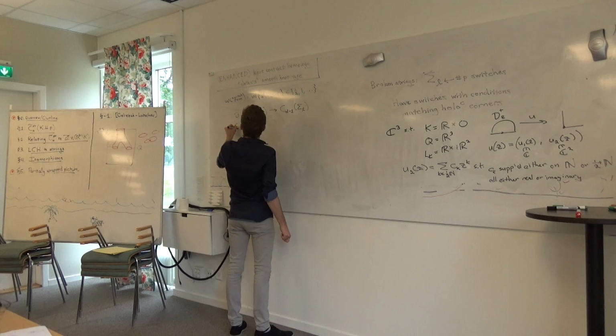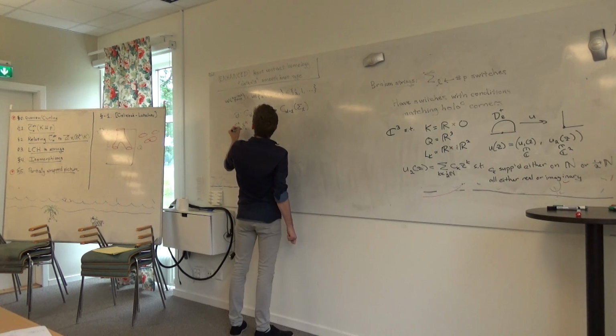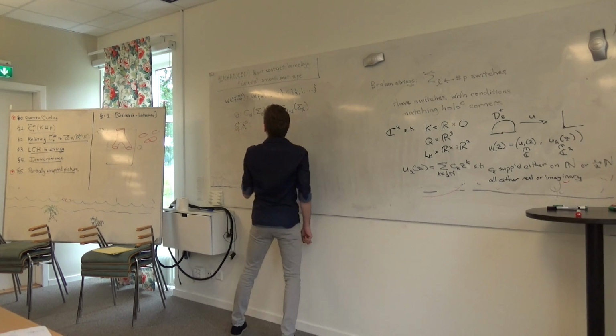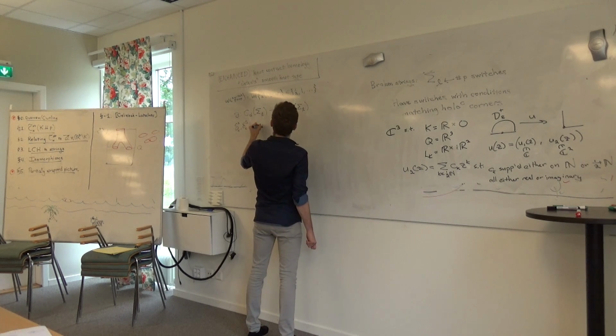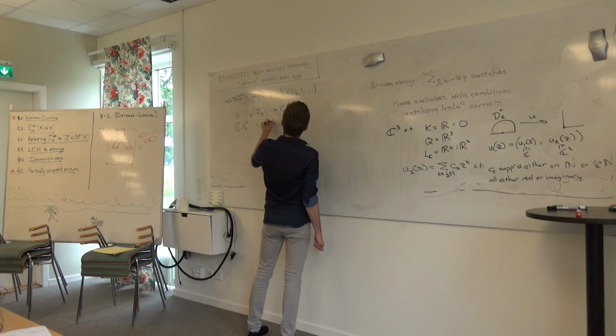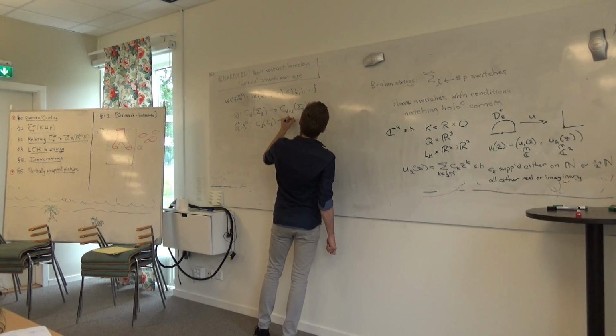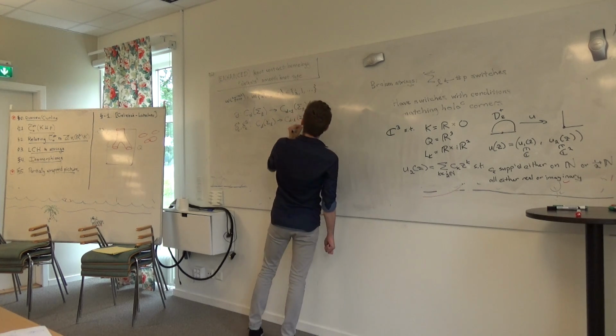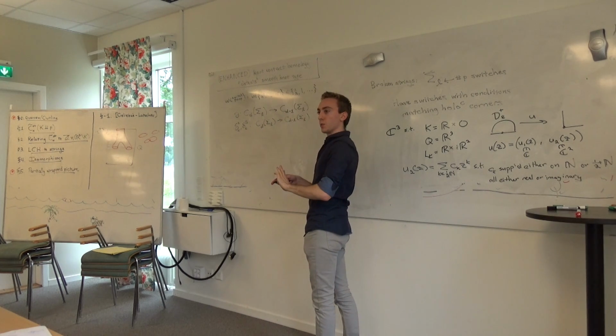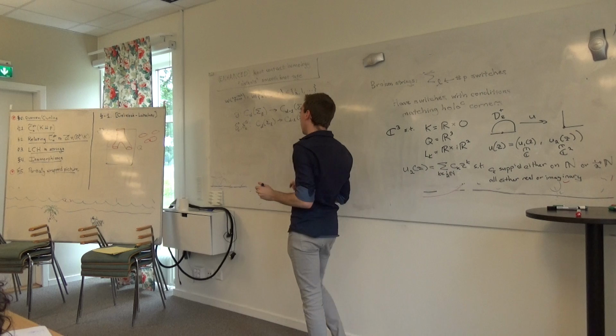I have del K and del Q corresponding to this K, which are going to go from C_d of sigma L to C_{d-1} of sigma L. So the number of K switches will change, but not the number of P switches.